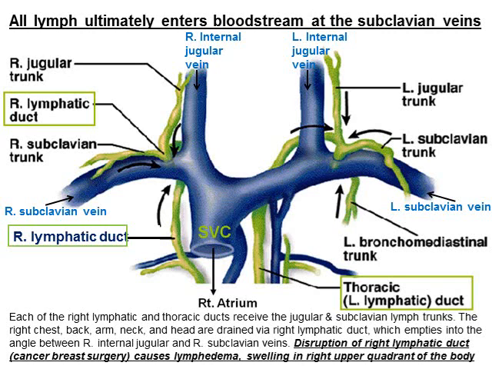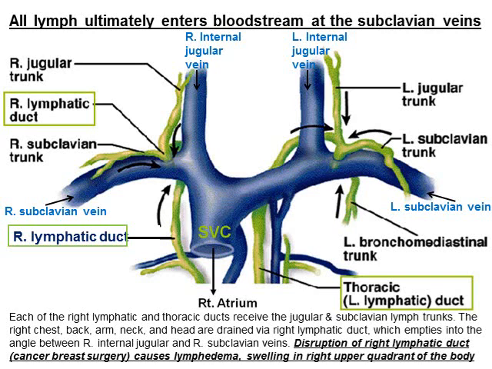The same here on the right side, you'll see the right jugular trunk and the right subclavian trunk. These are lymph trunks. They end in the right lymphatic duct at its termination, where it ends in the junction between the right subclavian vein and the right internal jugular vein.